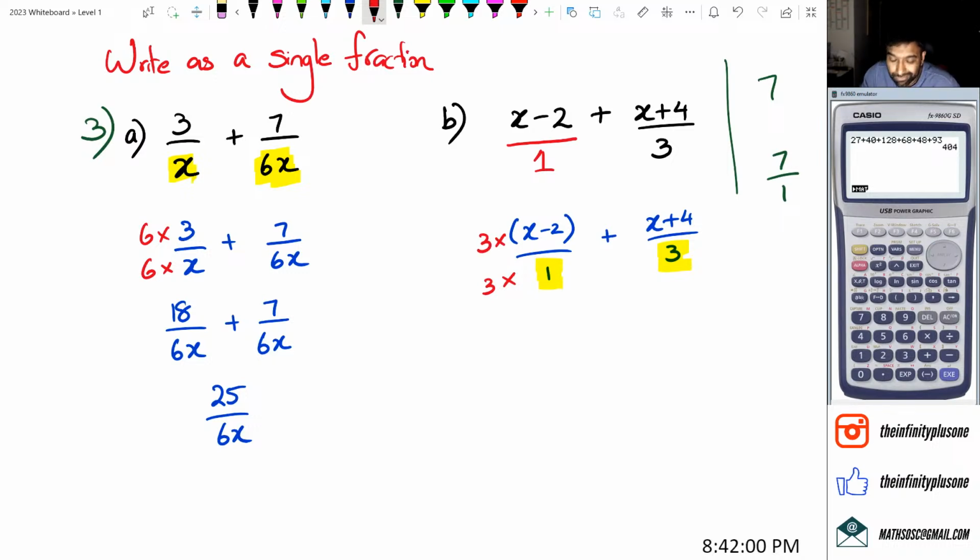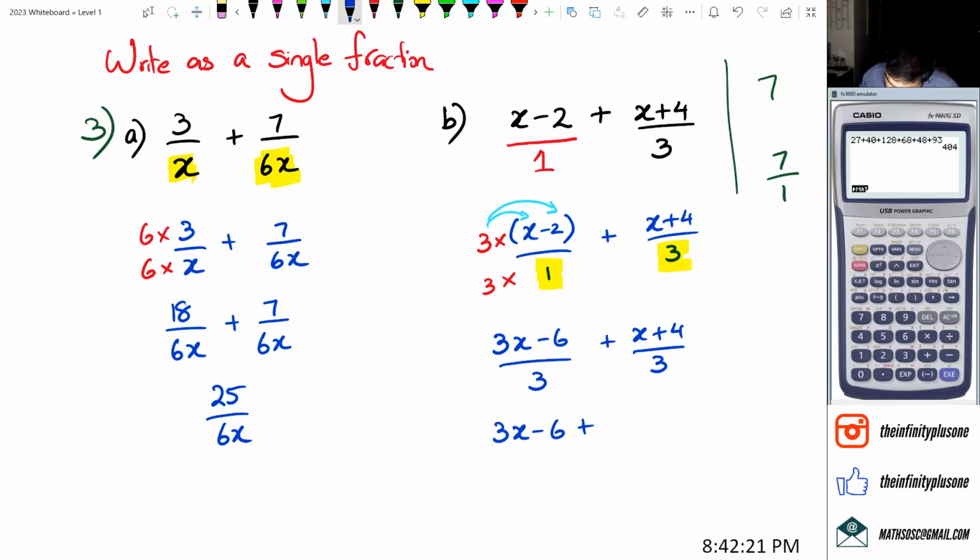At this point you can see that you've got a number in front of a bracket, so you've got to expand it. When we do that, we get 3x minus 6 over 3, plus x plus 4 over 3. Now we can put all those numerators under one line: 3x minus 6 plus x plus 4, and that whole thing is over 3.